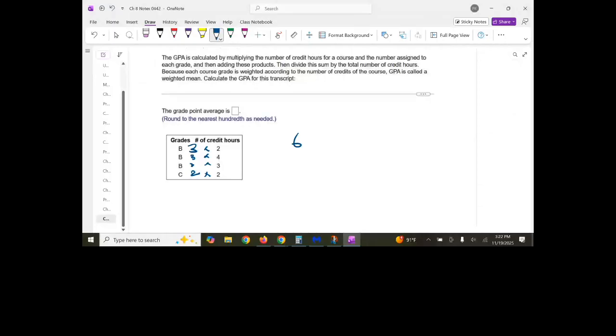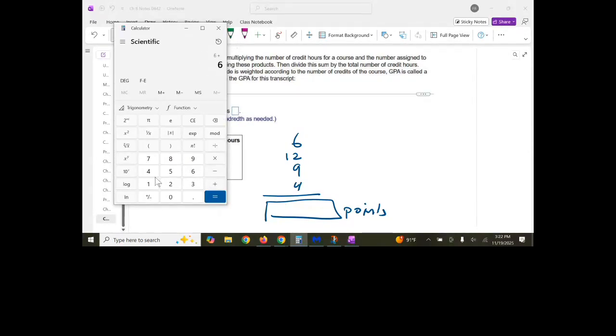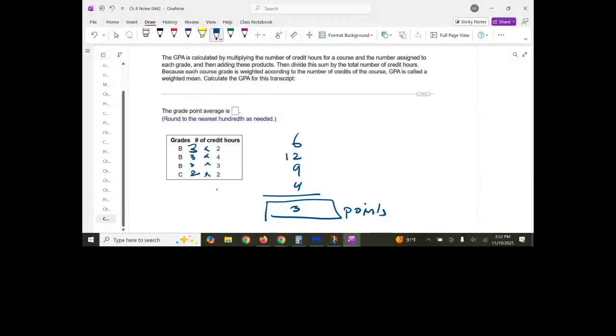So 3 times 2 is 6. 3 times 4 is 12. 3 times 3 is 9. 2 times 2 is 4. This gives me how many points we have. So I'm going to add those points together. We take 6 plus 12 plus 9 plus 4, boom. So we have a total of 31 points.